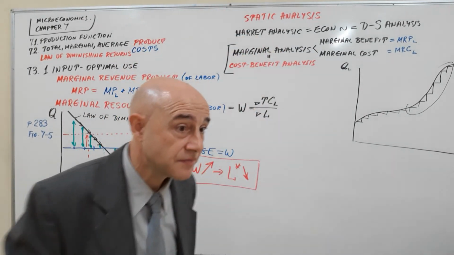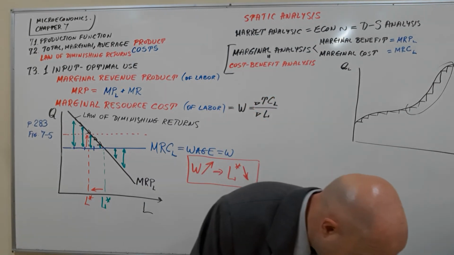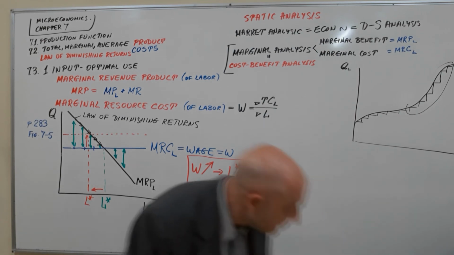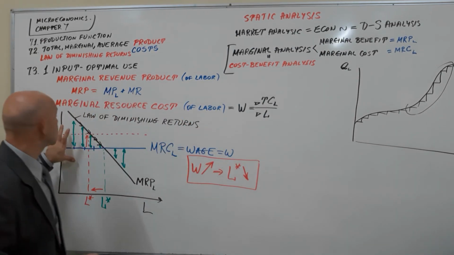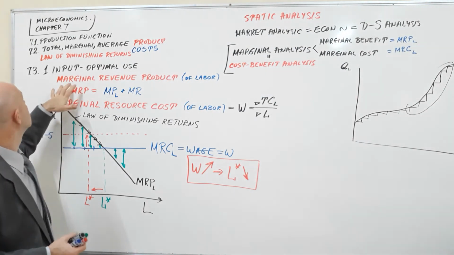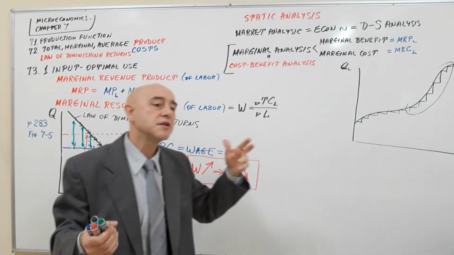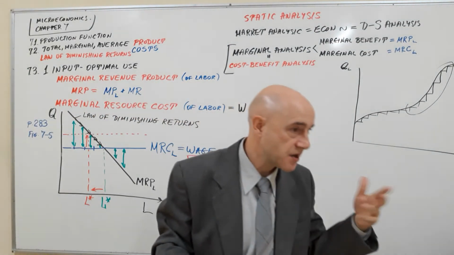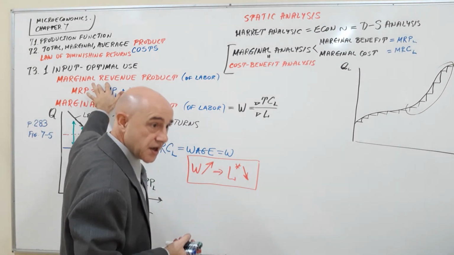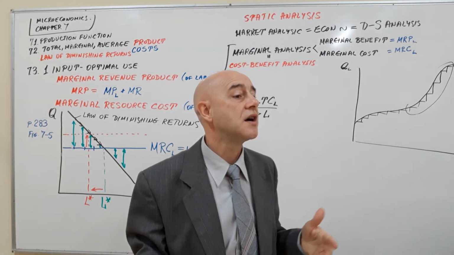Yes, question? What can be the question for that one? Can you ask questions? Well, how is the optimal quantity of labor derived? How do we get it? How do we receive or derive the optimal quantity of labor?